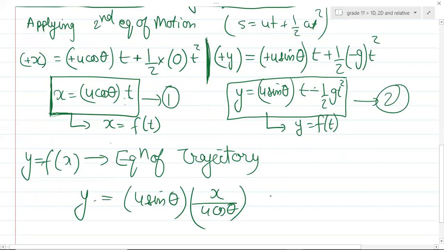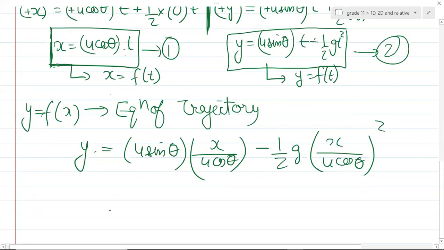So y is equal to u sin theta, and wherever there is t, I'll write x upon u cos theta, from equation number 1, minus half g t square, so x upon u cos theta whole square. When you solve this, u and u get cancelled out, and sin theta upon cos theta becomes tan theta.